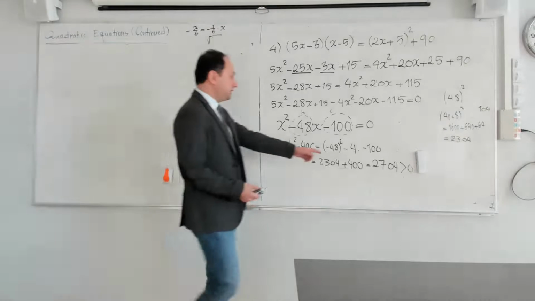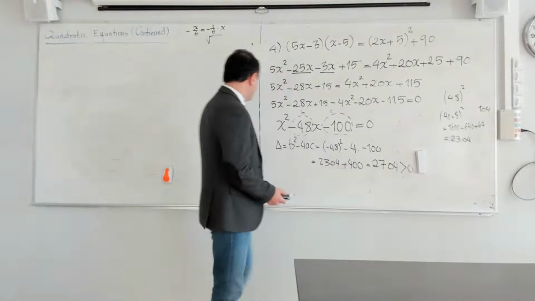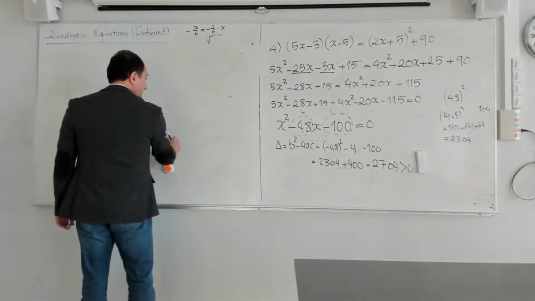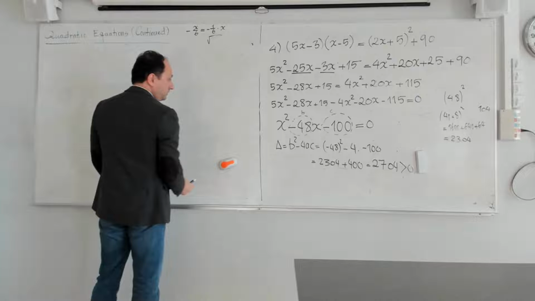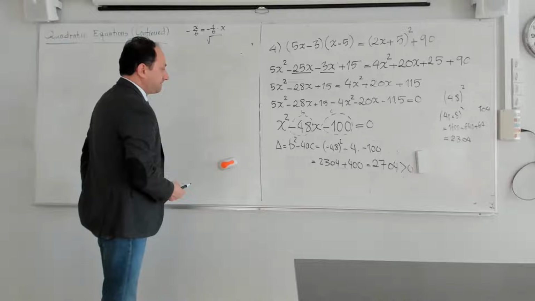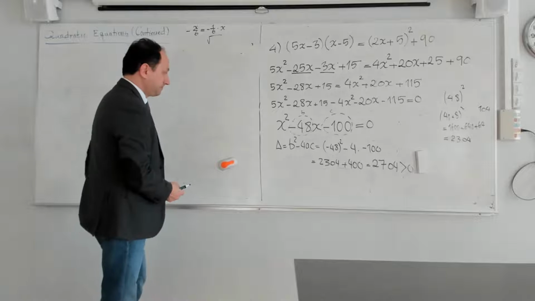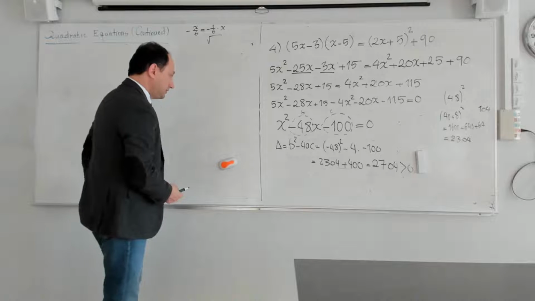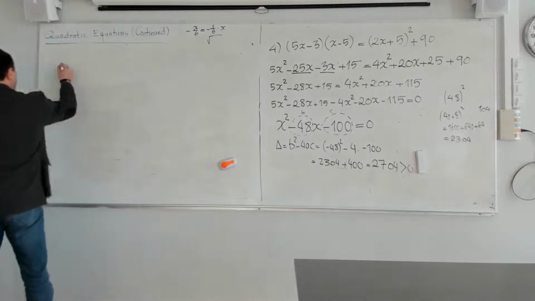Can you please square this one with your calculator to see if there's a complete square out of it? Yes? 52. Okay, good. So let us continue.